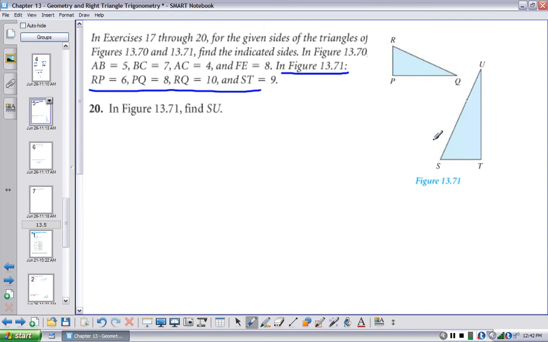RP is 6, PQ is 8, RQ is 10, and ST is 9. So we need to find SU.